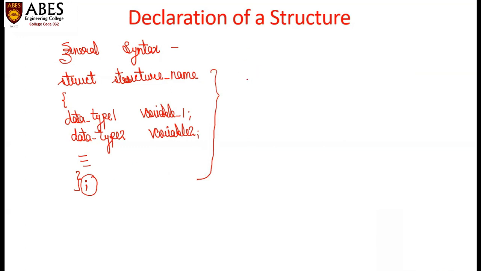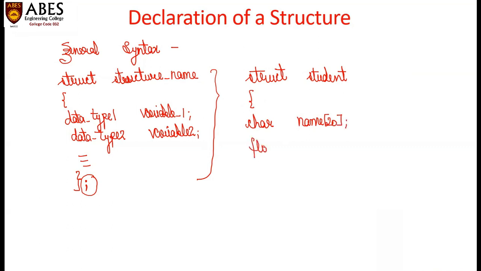Let us say if I want to declare a structure for storing the details of a student, then we will define the structure as struct student. The data members will be, we can include name. As we know, in a name there will be a sequence of characters, so it will be thought of as an array.